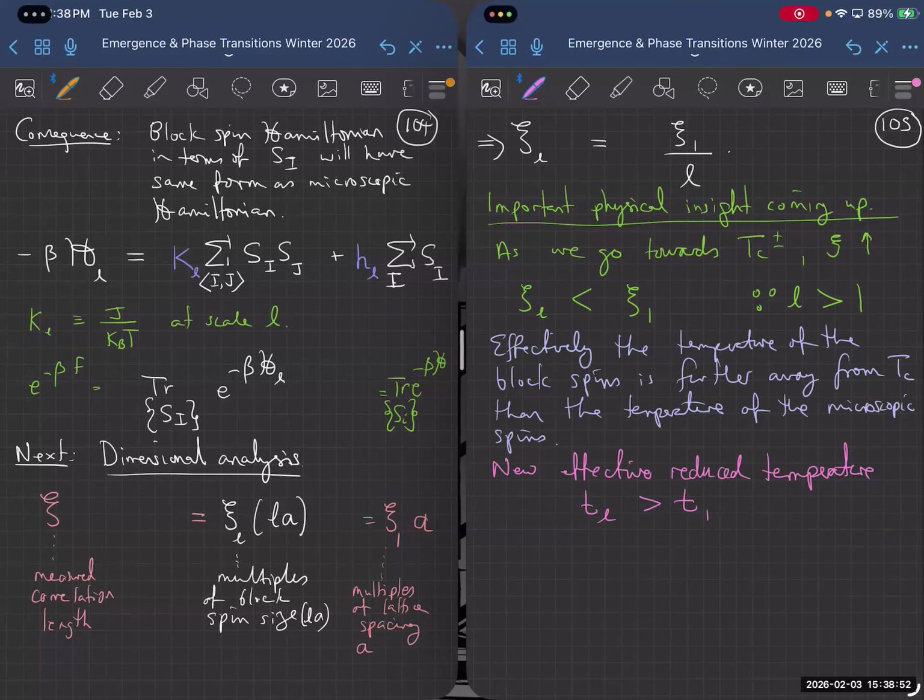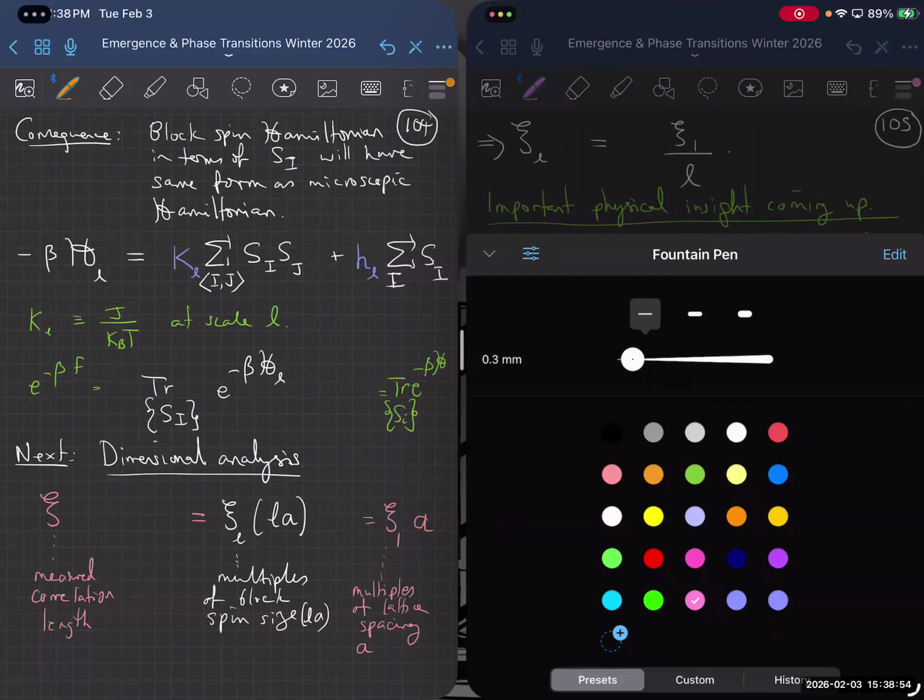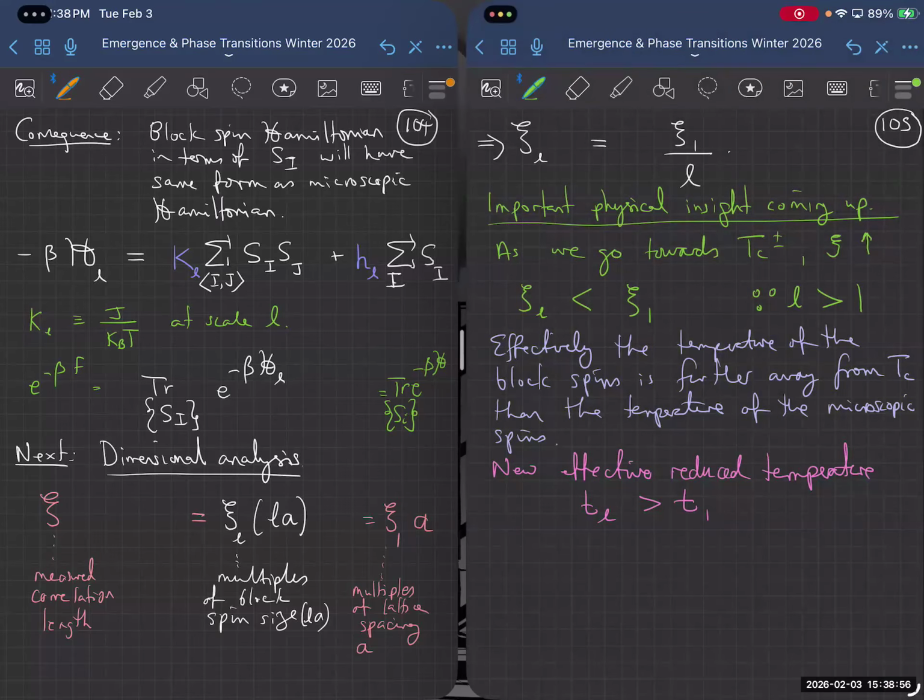Okay, so that's the first example of a renormalization effect. We call this a renormalization. And we will be defining renormalization precisely later.